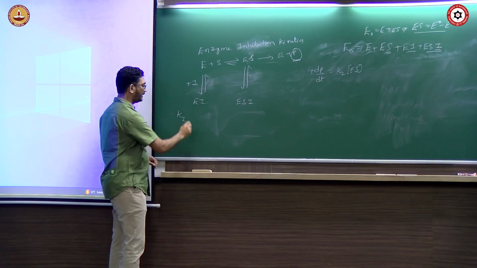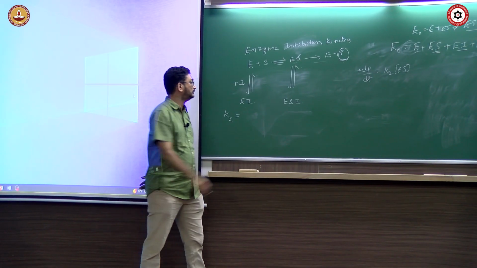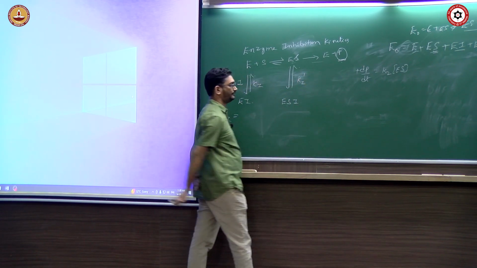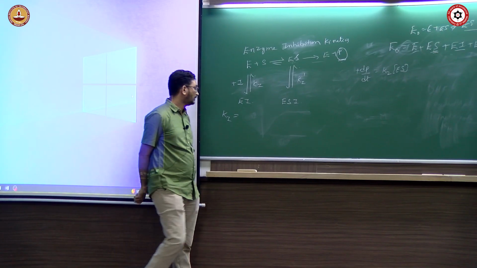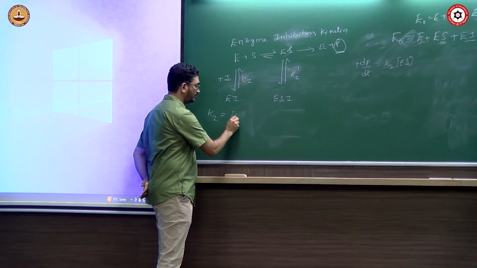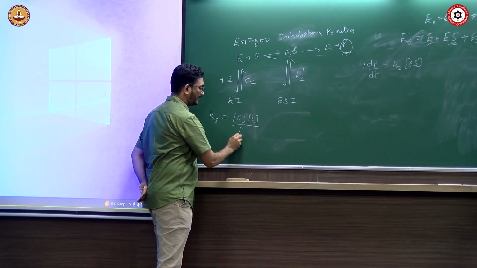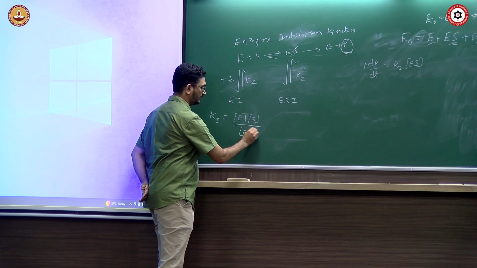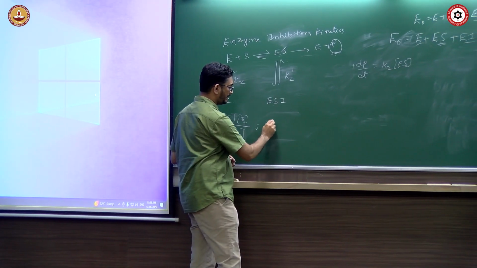Now can you tell me what is the equilibrium constant Ki? What will be my equilibrium constant? E into I by EI, right? And what will be my equilibrium constant Ki prime?